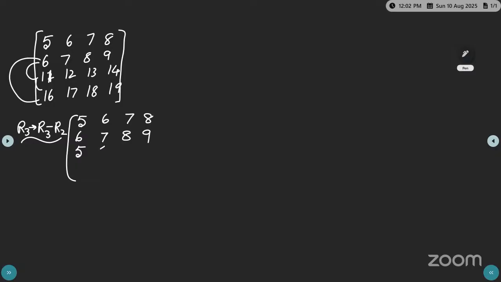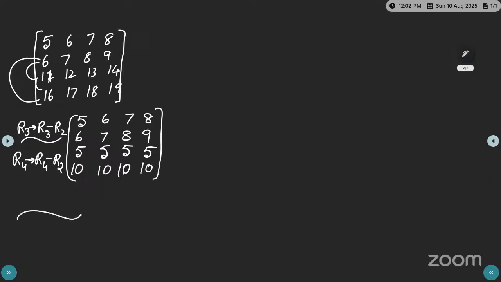Again, R4 minus R2 gives 10. So equivalent to R3 by 5, R4 by 10.